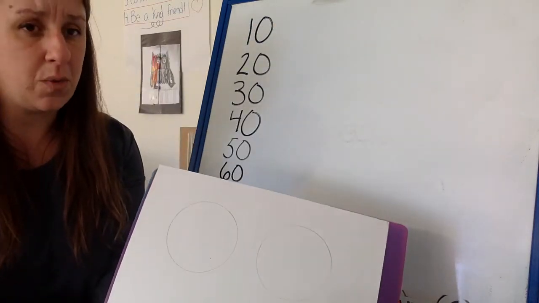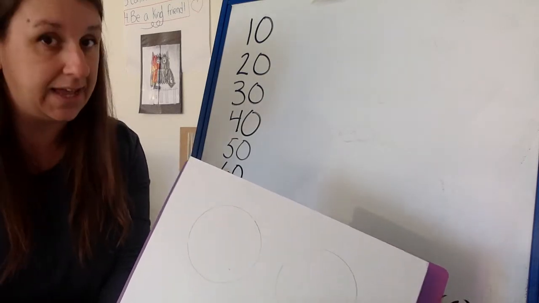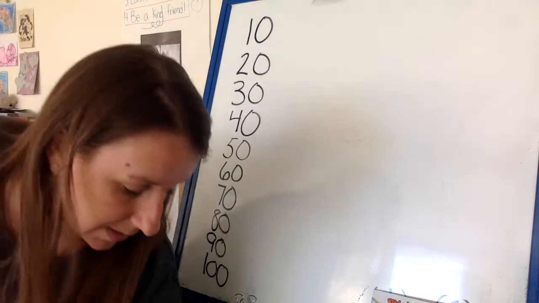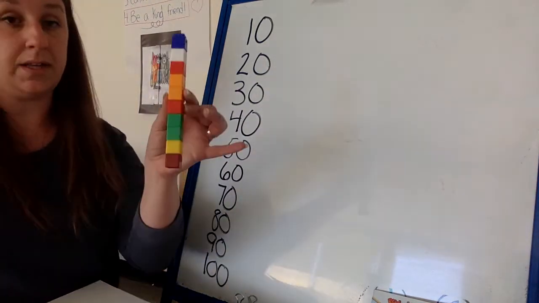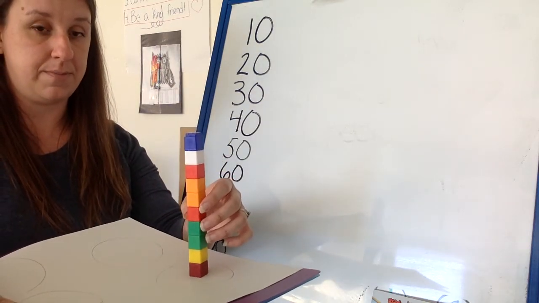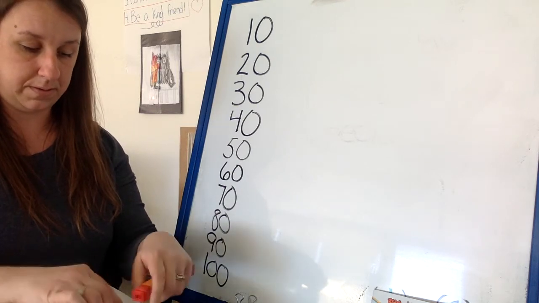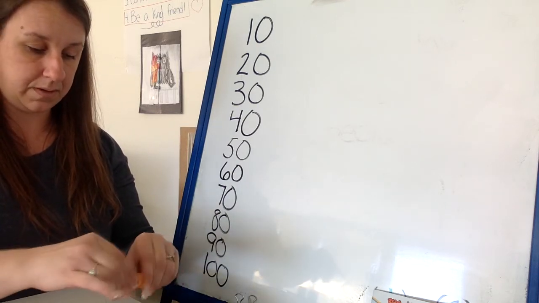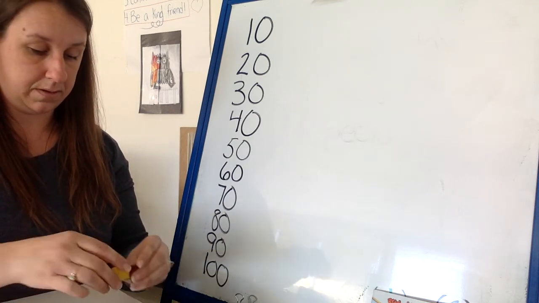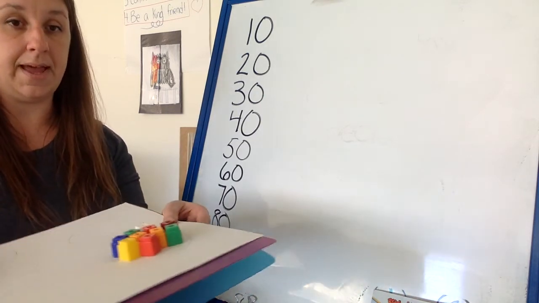And what I want you to do is count out groups of 10 and put them on your mat, kind of like what I did here. If you have something like this at home, you could do this and stand them up like that, or you could have them all broken and put them in the circle like that.